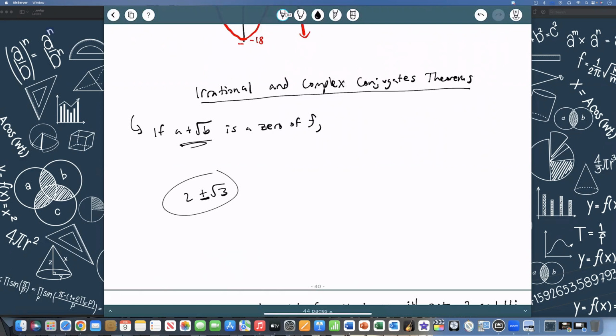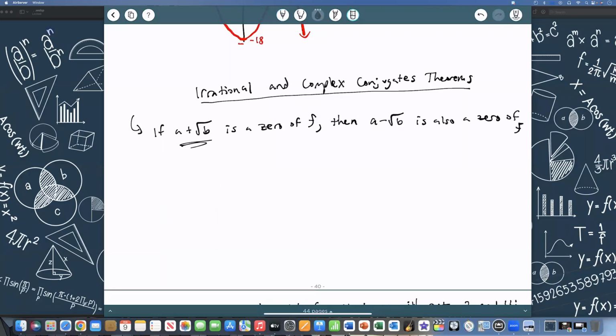So I'll never have just 2 plus radical 3, I'll also have 2 minus radical 3. Because of that plus or minus, this theorem tells me that if I have a plus radical b as a root or a zero, then a minus radical b would also have to be a zero of f.